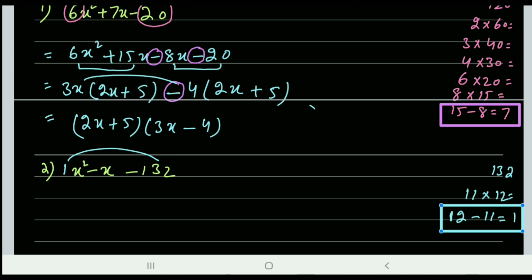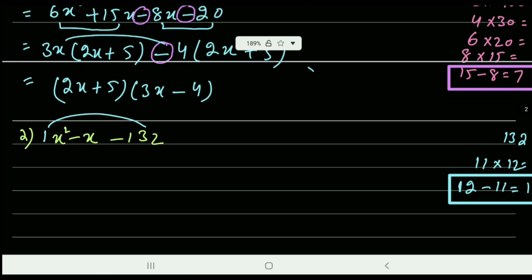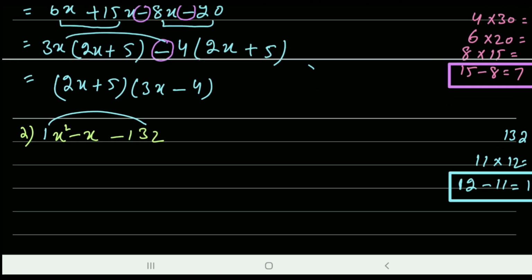One very important thing I want to tell you: if your middle term is negative, the signs of your selected factors will be changed. You will flip all the signs of your selected factors, like you have selected 12 minus 11. 12 is positive, it will become negative, and 11 is negative, it will become positive, and the sign of 1 will automatically be changed, so you will get negative 1.